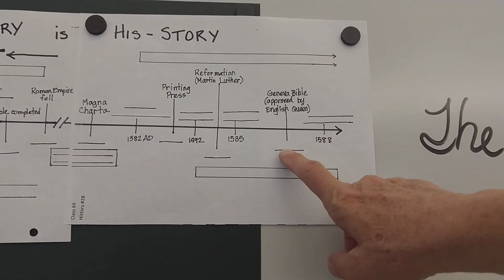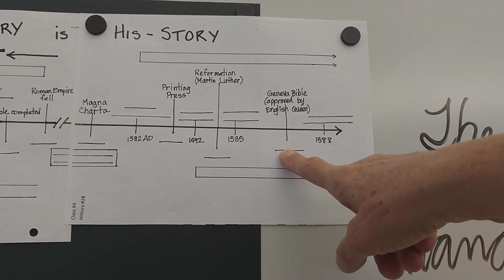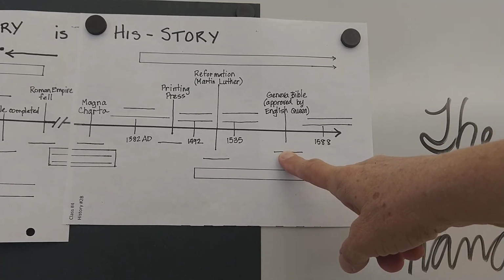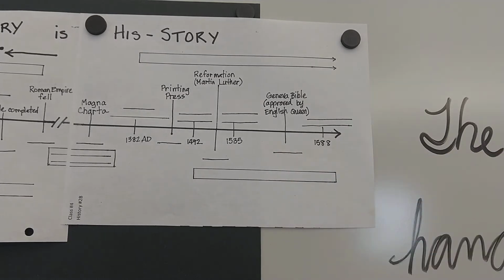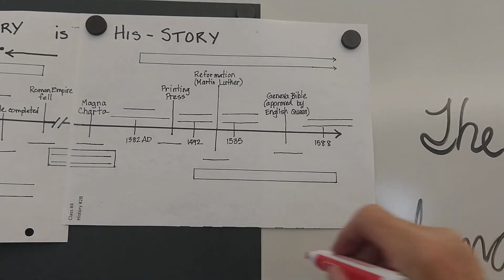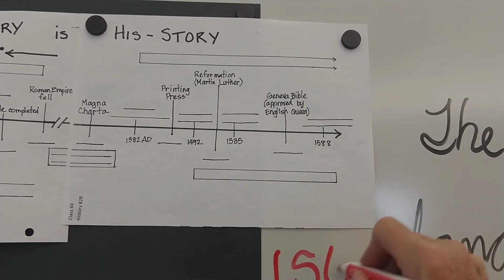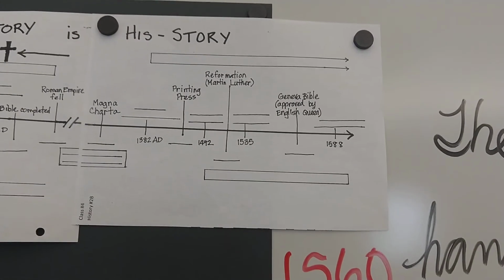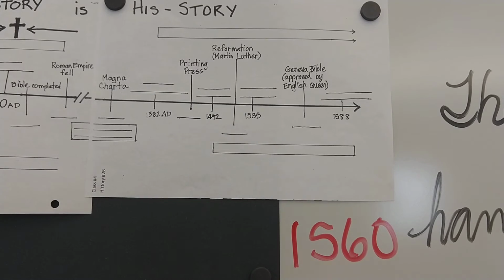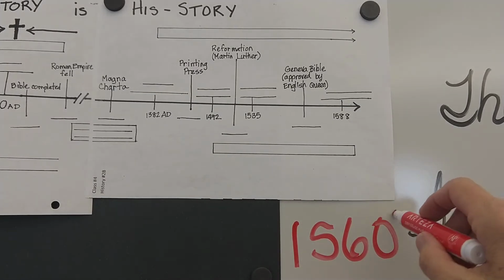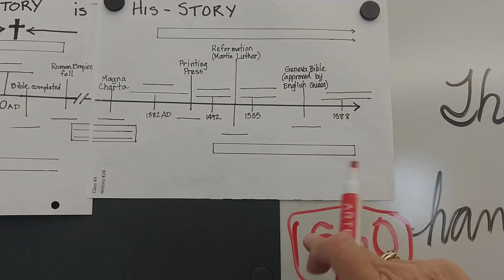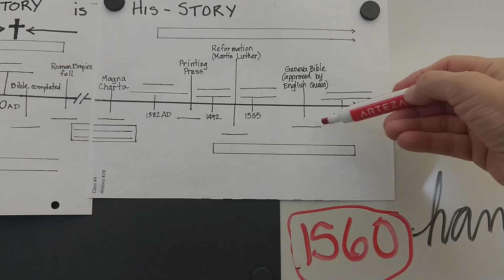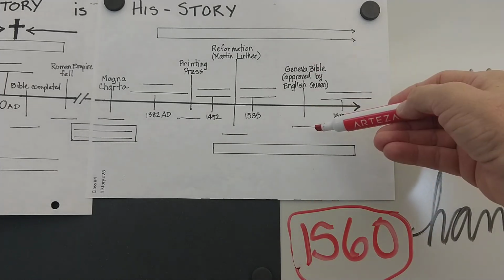So this date, sorry, not 1620. 1560. 1560 for the Geneva Bible. Right there on the timeline under Geneva Bible.